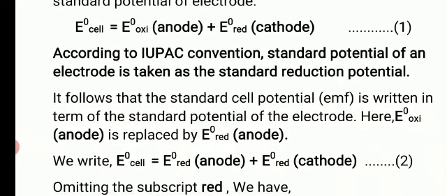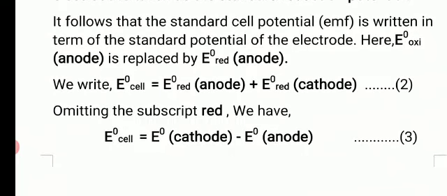So फिर हम लोग equation कैसे लिखेंगे? E naught cell is equal to E naught reduction of anode plus E naught reduction of cathode. Here we are omitting the subscript reduction. So finally we got the equation 3rd, that is E naught cell is equal to E naught of cathode minus E naught of anode. We are getting my point? This is the equation we use to find out the standard electrode potential of any cell.